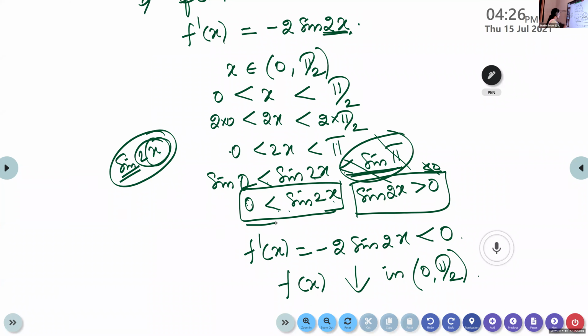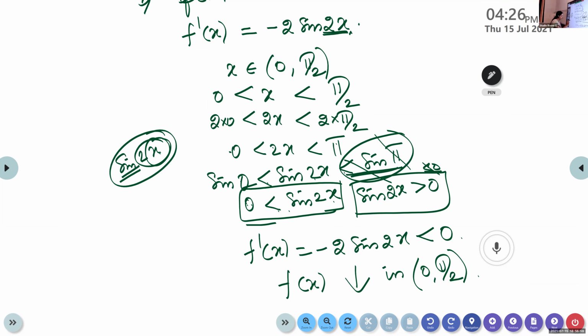Is it greater than or less than? That's what we have to check. So here we get 0 is less than or equal to sine 2x. So sine 2x is positive.